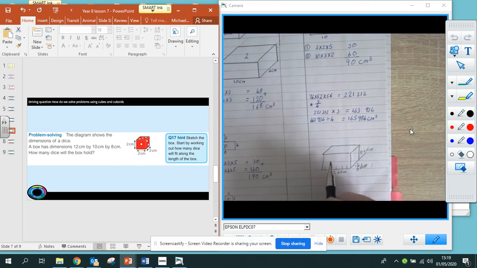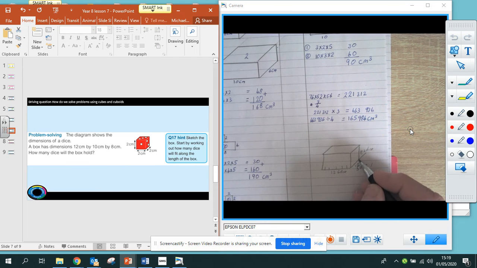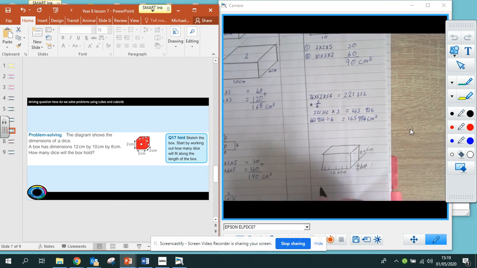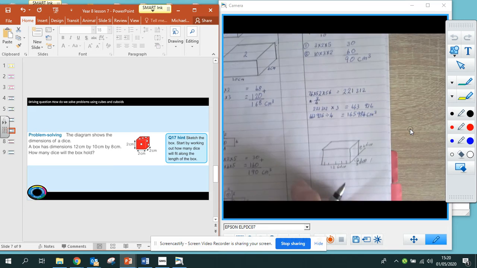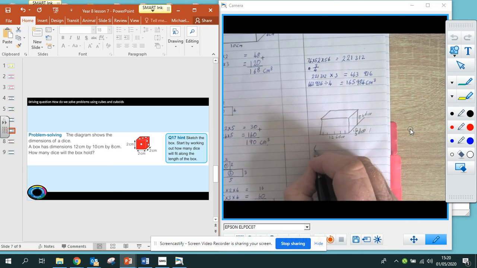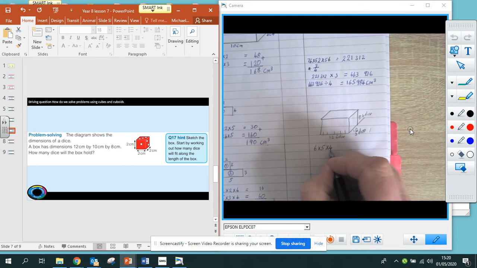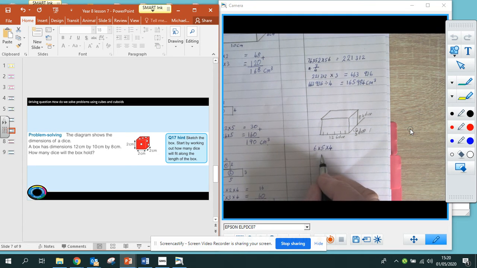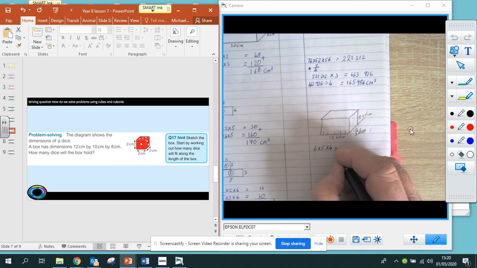So what I'm saying in this case is on the bottom I would have 6 dice by 5 dice in one layer, and I would have 4 layers. So my total would be 6 times 5 times 4. 6 times 5 is 30, times 4 is 120. 120 what?